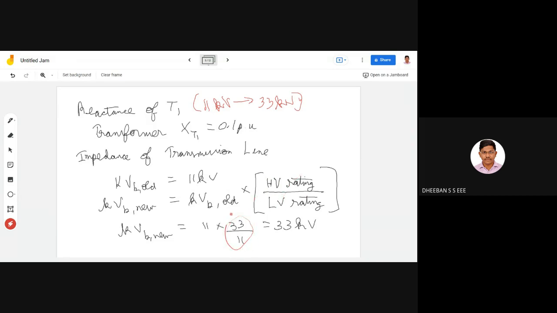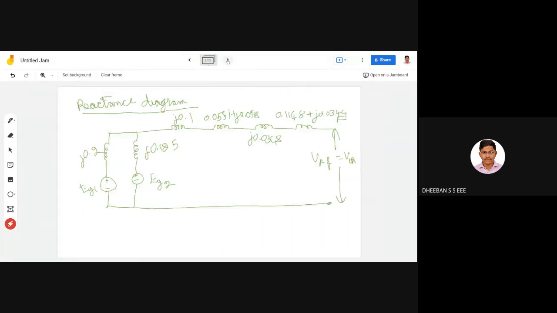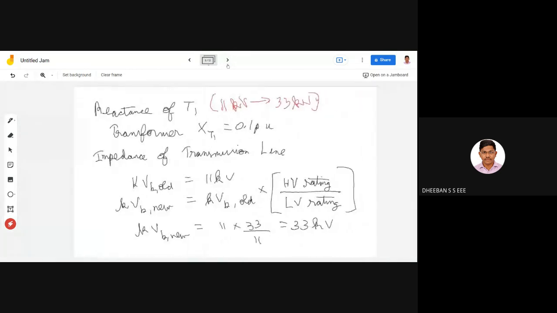Taking it this way, you get the base voltage to be 33 kV. So after the jump, from here to this point, the base voltage is changed to 33 kV.